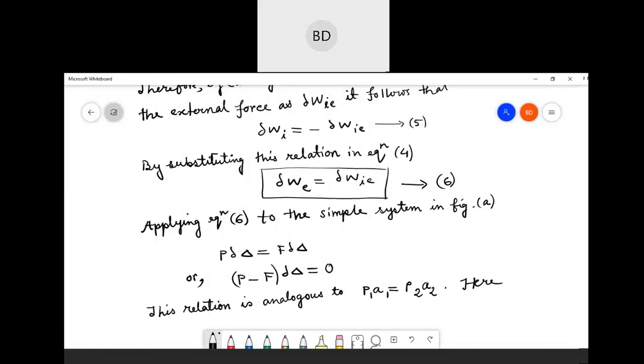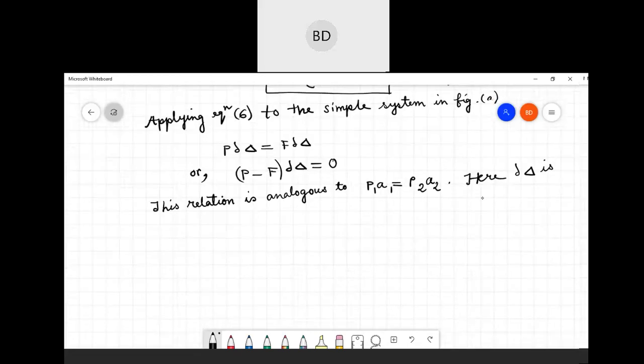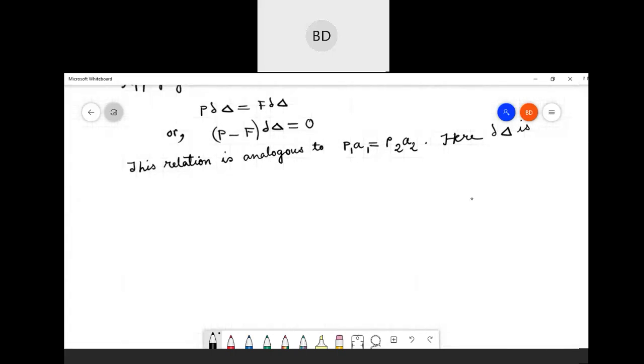This equation you have got probably in earlier classes. I have given you. If you look at the notes now, you will see here del delta is arbitrary.